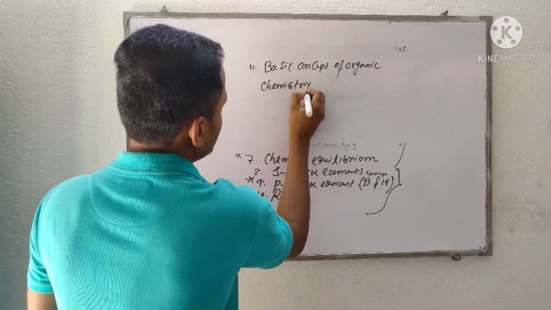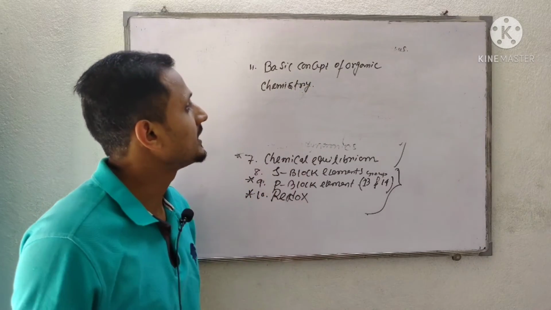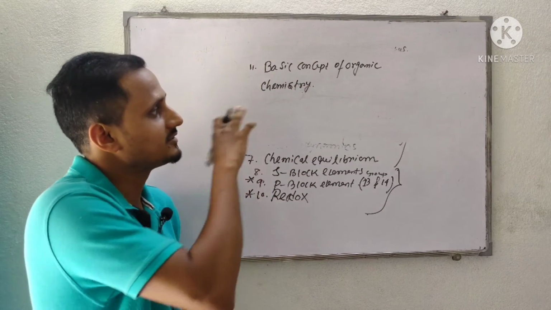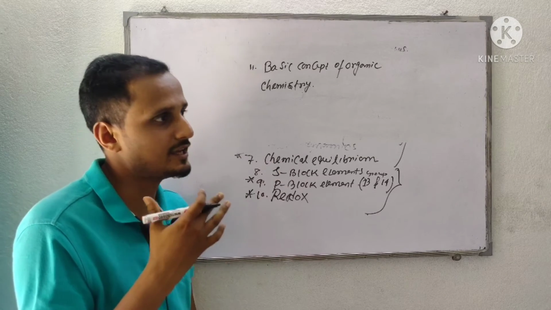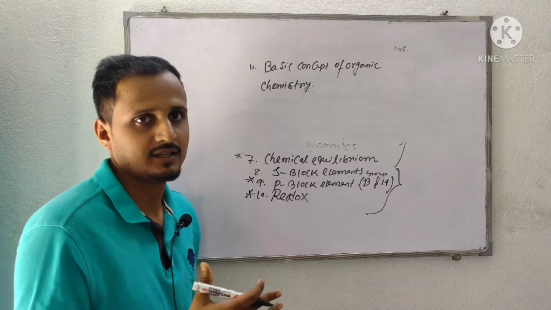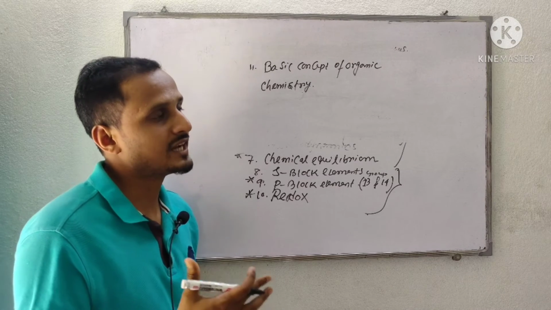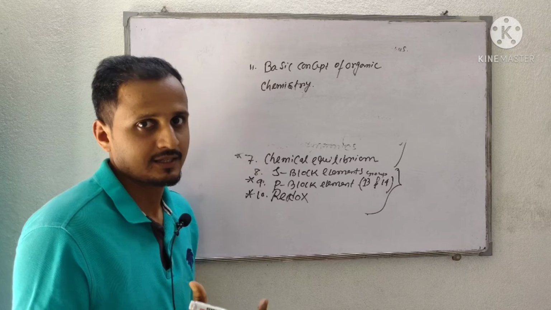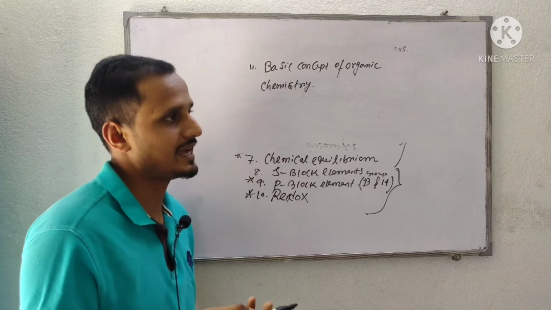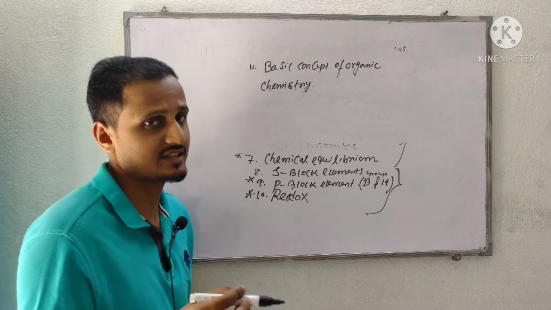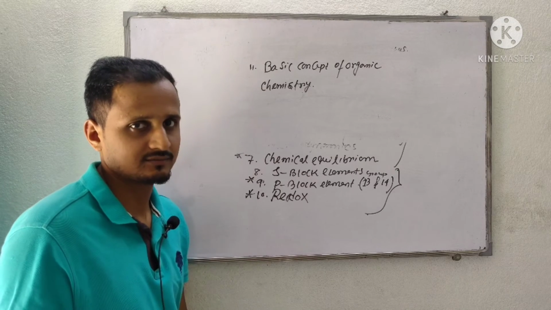This is the very basic of organic chemistry, which means you have to learn this chapter properly, so that we can know about the mechanism and how the reaction is going to the product.